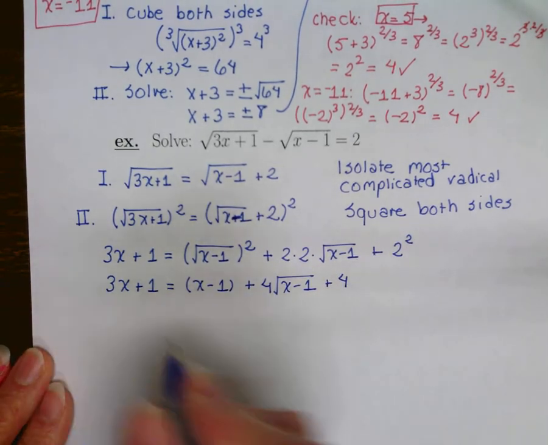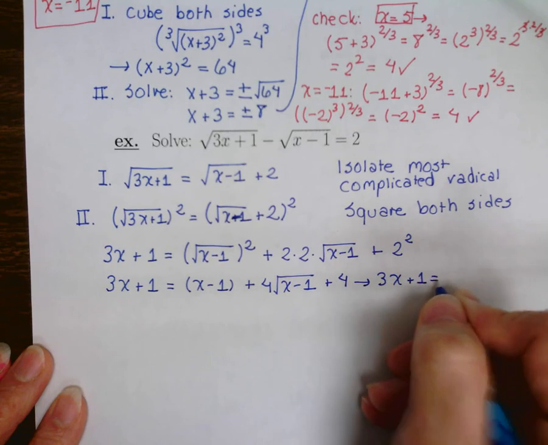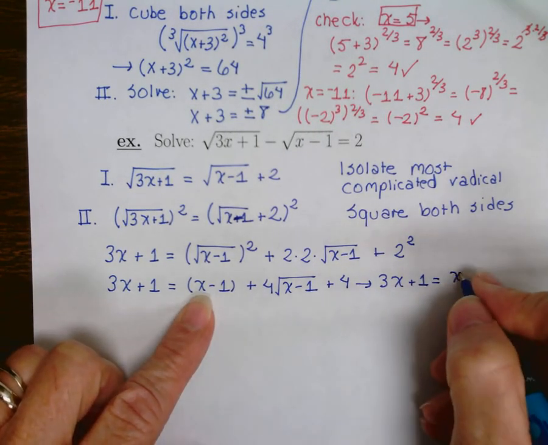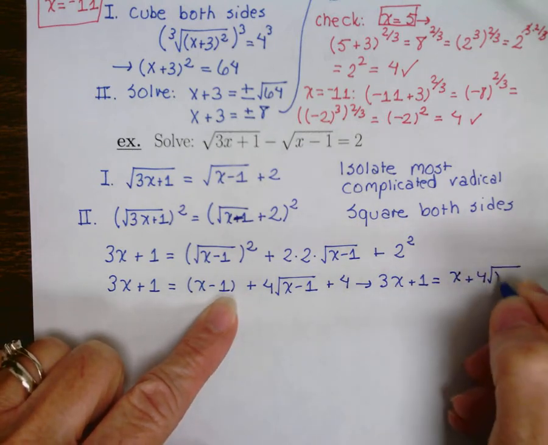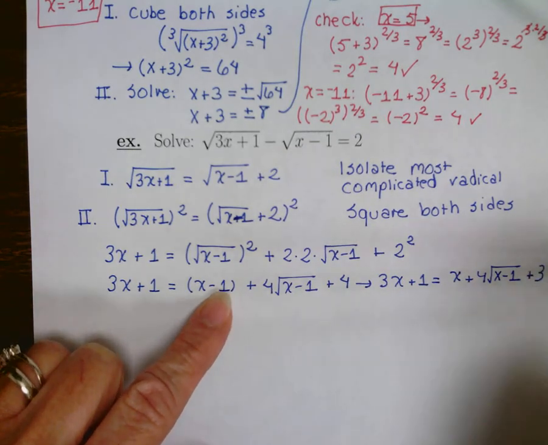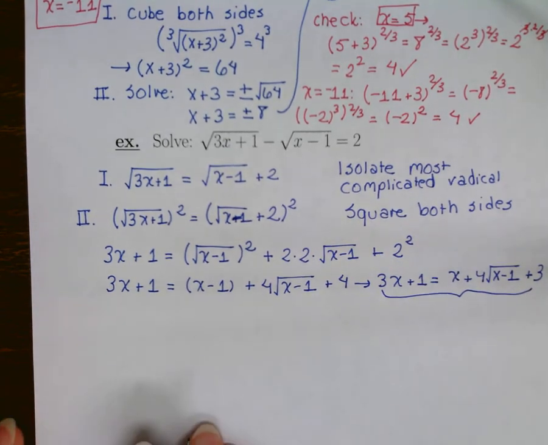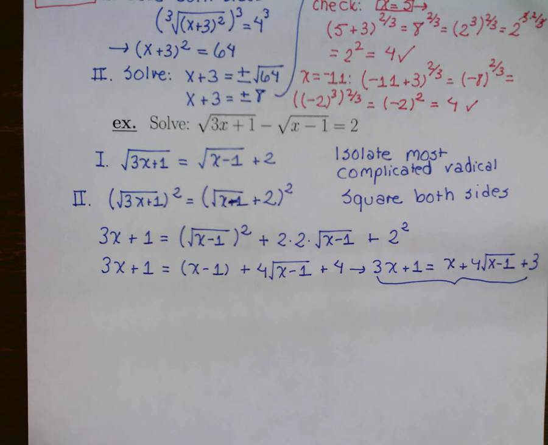Okay, so looks like 3x plus 1 is equal to what? x plus 4 square roots of x minus 1, and then plus 3. Okay, so this is the equation that we're looking at now. That's the equation we have to solve, so now we have to go back and do the same process.